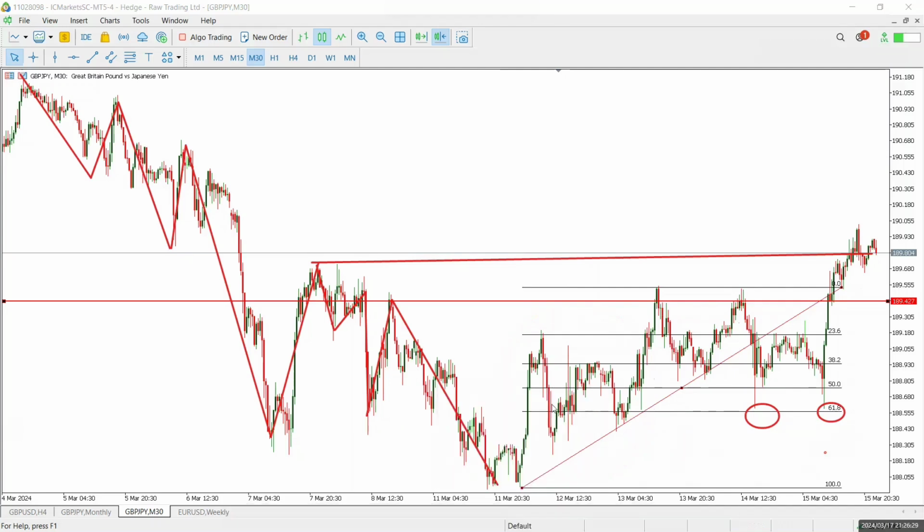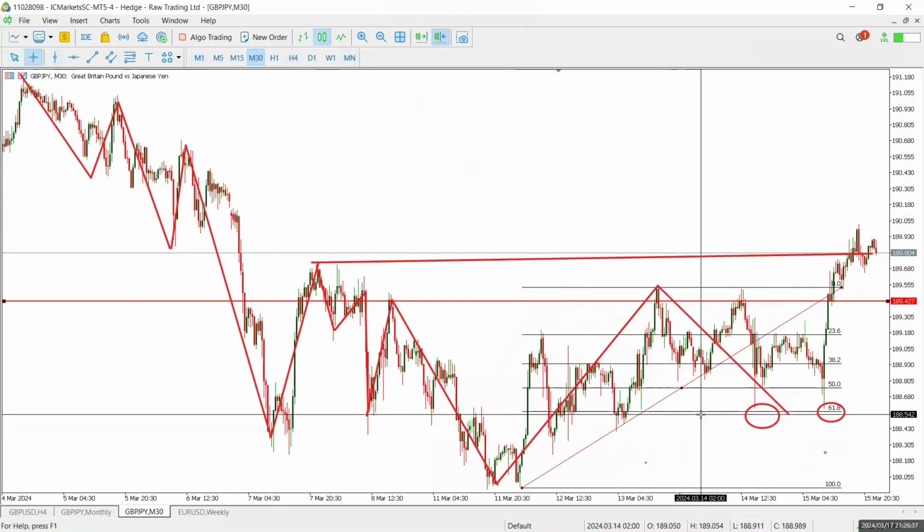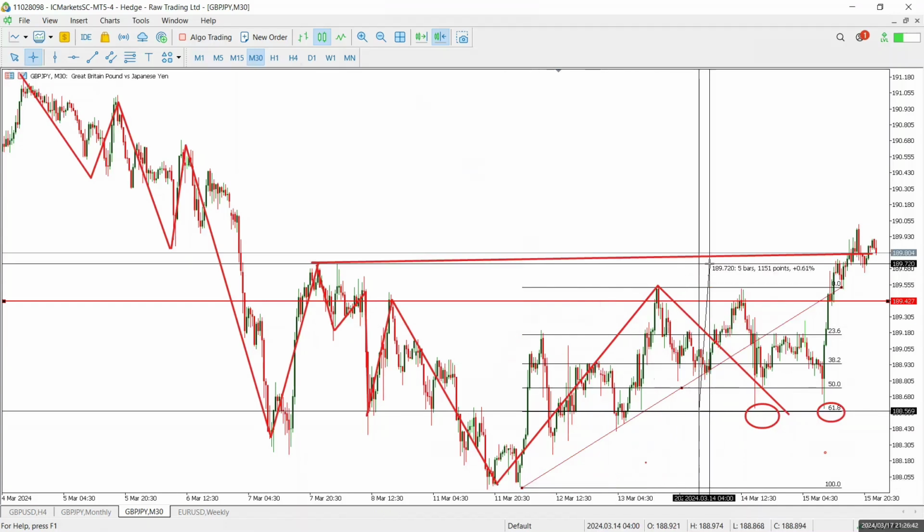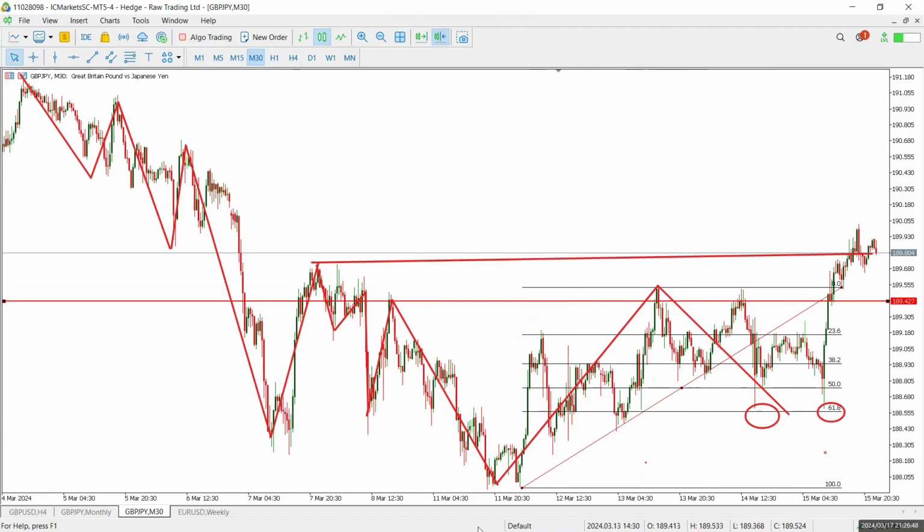Price came back to 61.8, so now is a good opportunity to buy. Pinpoint at 61.8, put your stop loss at the low of about 58 pips, and buy to the 100.0 of about 105 pips. This one is also a 1:2 risk reward. These were our two opportunities last week, and we buy to take profits.